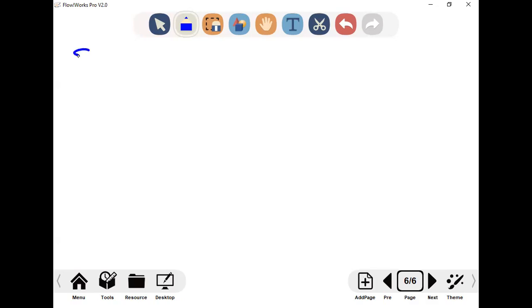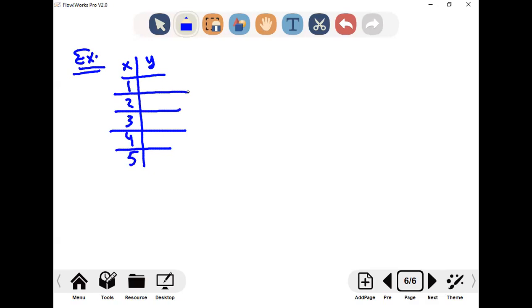Look at the board, for example. If I have this table, x and y, 1, 2, 3, 4, 5, with y values 4, 9, 14, 19. Now how will I know if this table represents linear or not? The first thing I do, look at the board and understand.